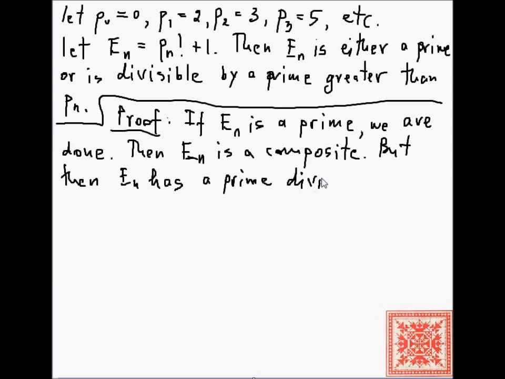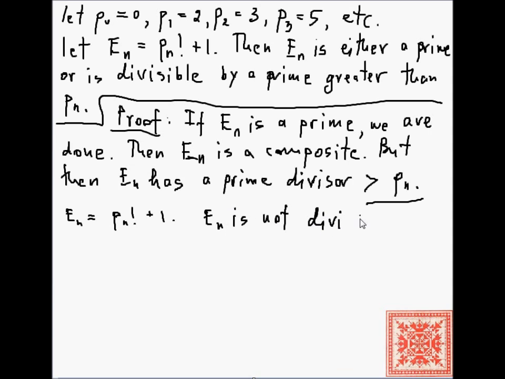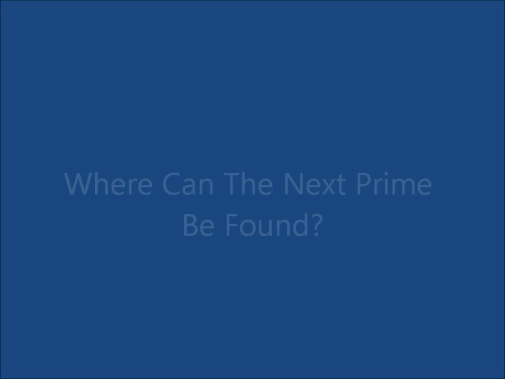Every natural number has a prime divisor, and by a number theory factoid that we discussed in the previous screencast on Euclid's second theorem, it cannot be any of the primes from 2 to Pn. So it's not divisible by 2, 3, 4, 5, and any of the primes up to Pn.